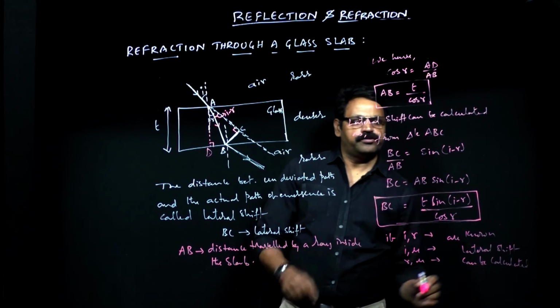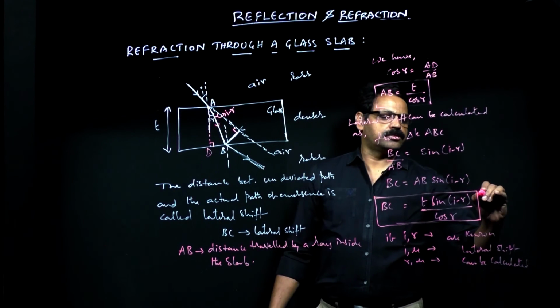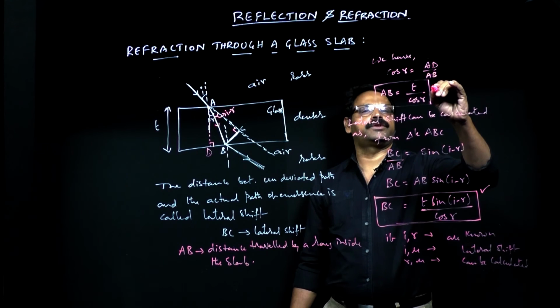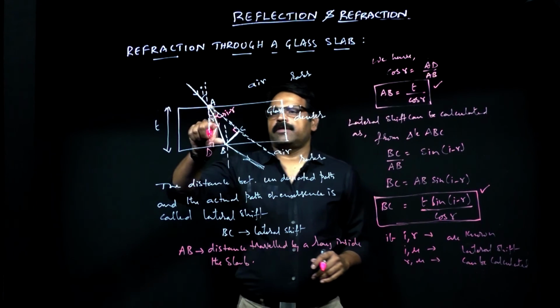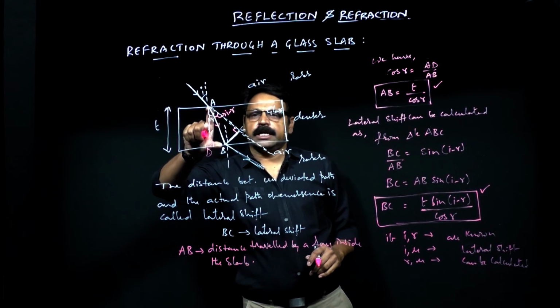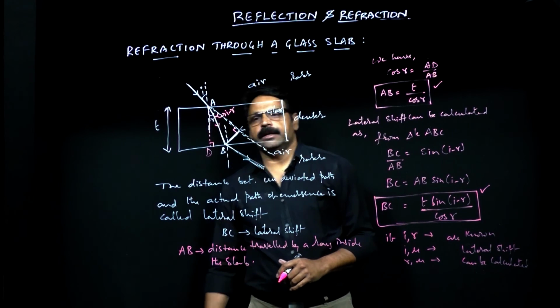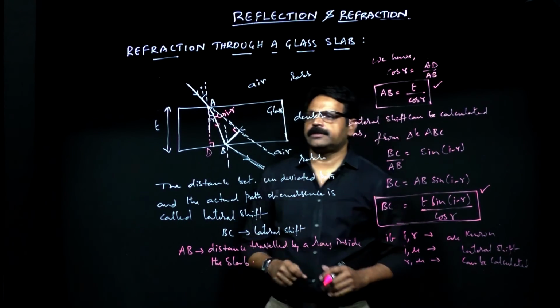So these are the two formulae which you need to remember. This is the expression for lateral shift, and this is the expression for the distance travelled by the light ray inside a medium, here a glass plate.